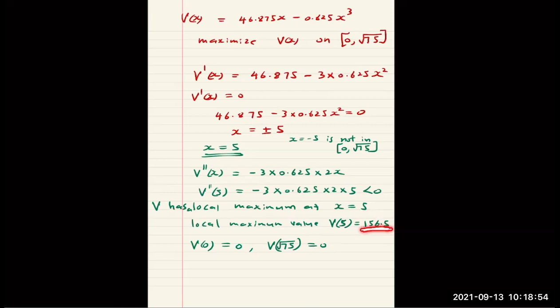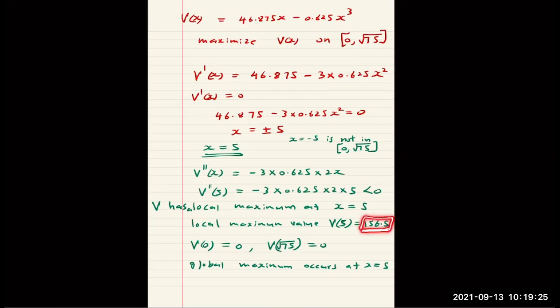So you have a global maximum at x equals 5. The global maximum occurs at x equals 5. The global maximum value is V of 5, which is 156.5.